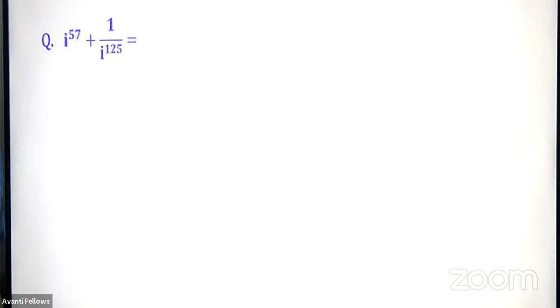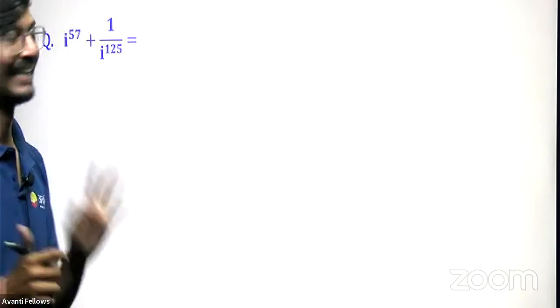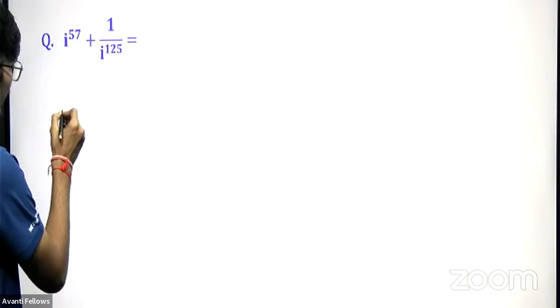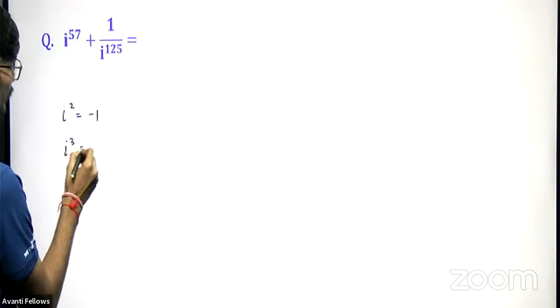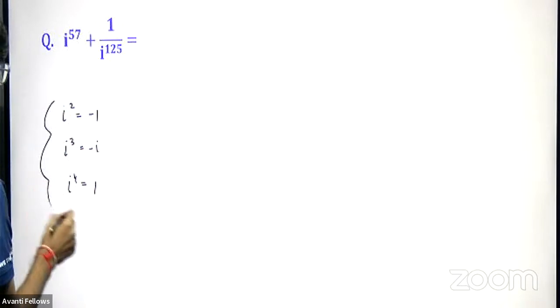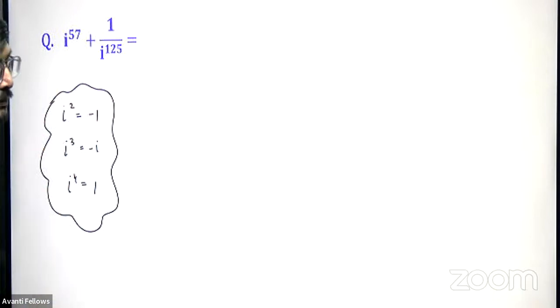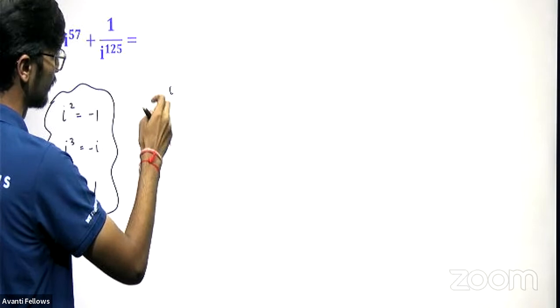You must have done many questions like this. Why? Because these are standard questions based on powers of i. What we have to remember is i square equals minus 1, i cube equals minus i, i raised to 4 is 1. These things you have to remember. So let us write it like this.